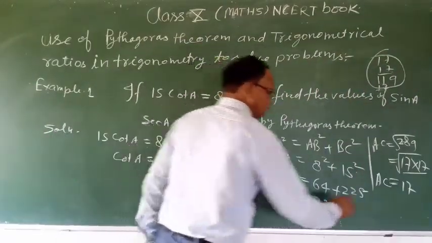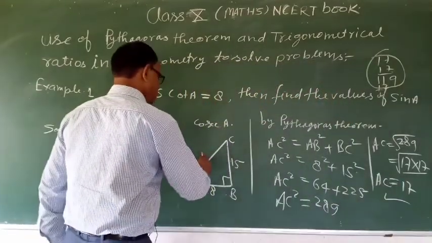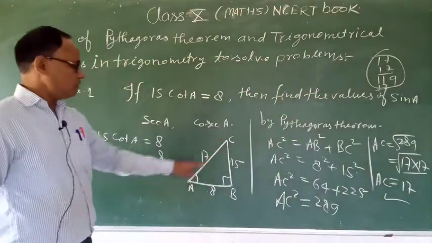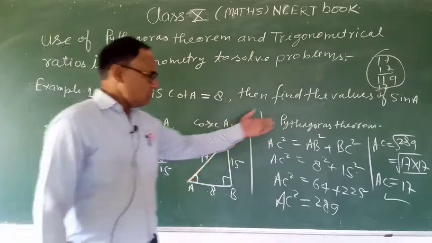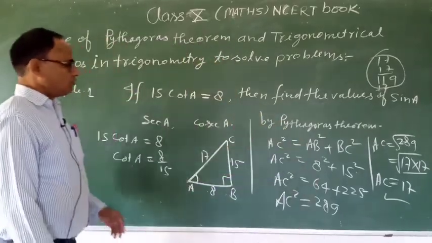Therefore, AC is equal to 17. Here we find the value of AC is equal to 17 by Pythagoras theorem. Okay, students.